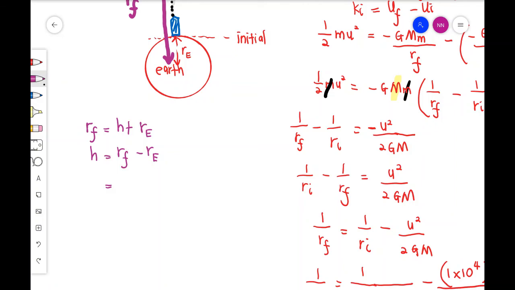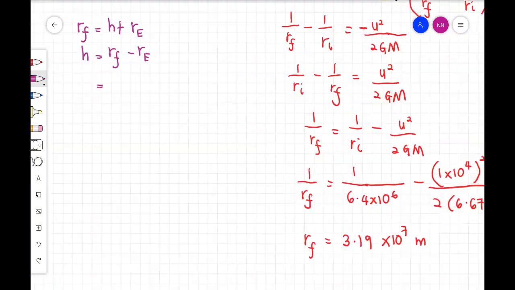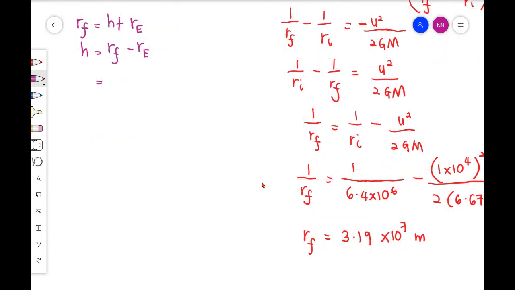R final tadi ialah 3.19 times 10 to the power of 7, and then radius of Earth is 6.4 times 10 to the power of 6 meter. Okay, so semua ni mesti dalam unit meter. Then kita guna calculator, kita akan dapat 2.55 times 10 to the power of 7 meter.